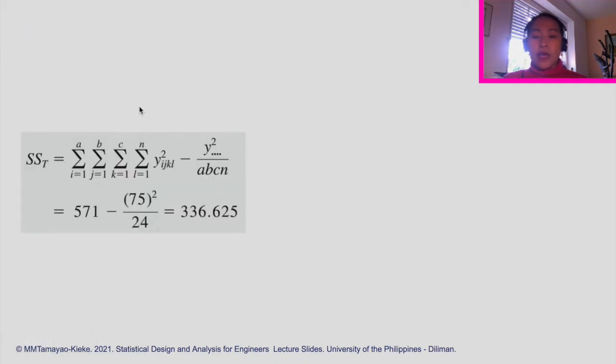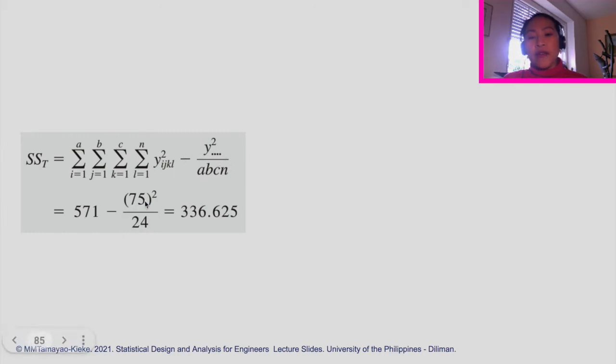And so now we can compute the sum of squares. For the sum of squares total, again, you square each observation and get the sum of all of those. That would be 571.